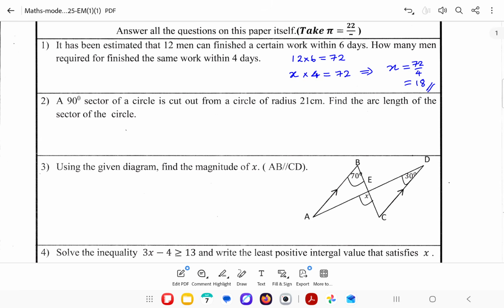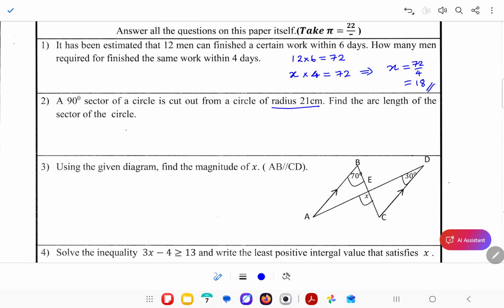Next question. A 90-degree sector of a circle is cut out from a circle of radius 21 centimeters. Find the arc length of the sector of the circle. So 90 degrees, radius 21. So this is a quarter circle.